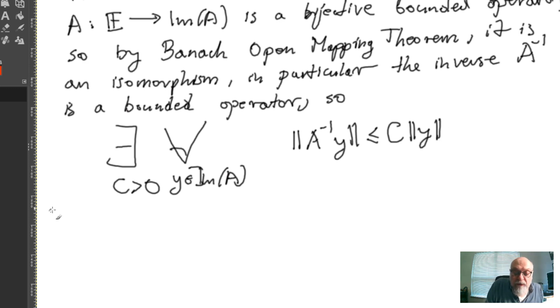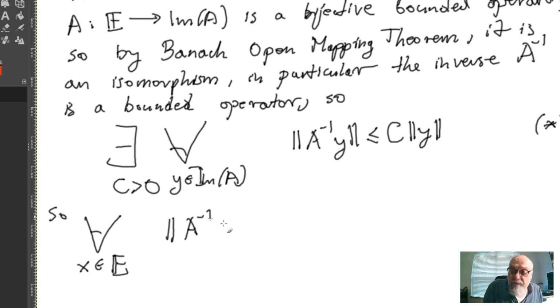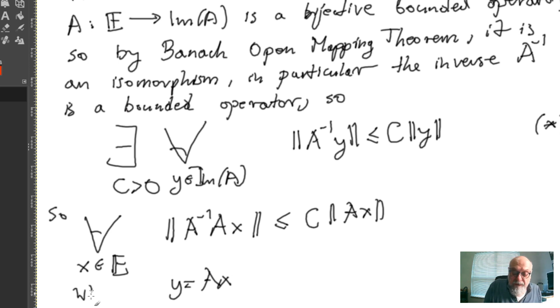And that means in particular, for every x belonging to E, the inequality star implies that, substituting y equal to A of x, the norm of x is smaller or equal than C times the norm of A of x, where this was substituted into the formula star.